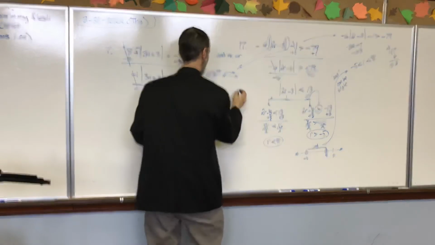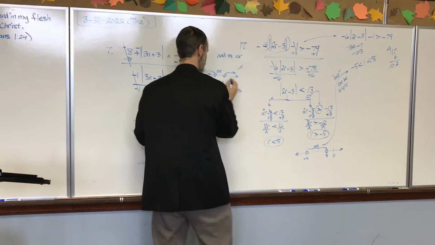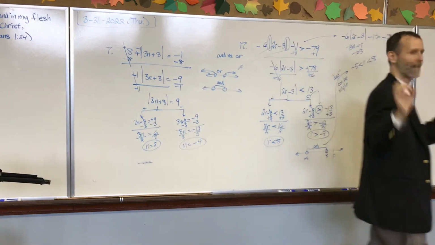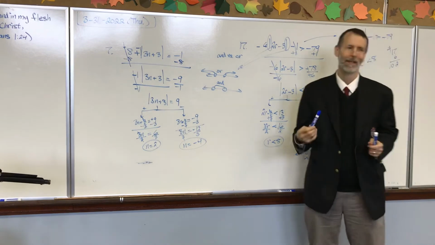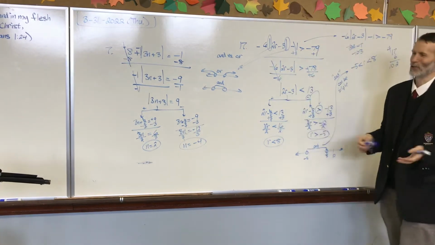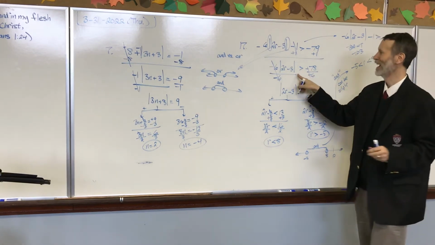If the graph shades inward, it's "and." So if they face towards each other, it's got to be "and," guaranteed. There is another way, unless there's no solution, in which case that's not our fault.